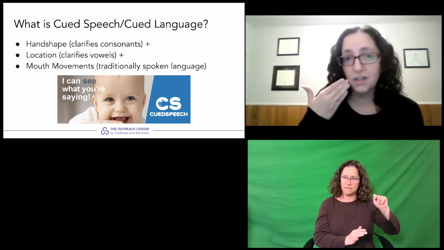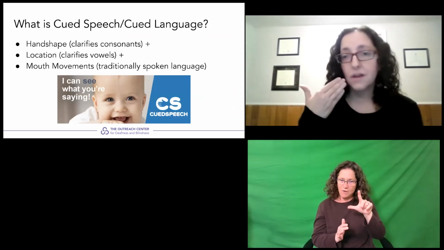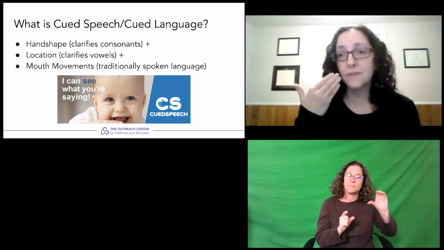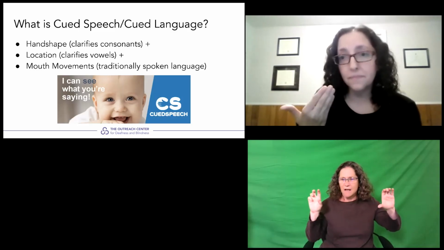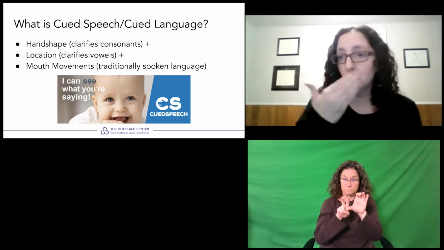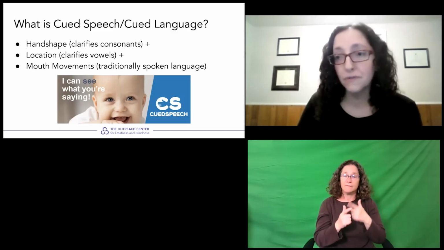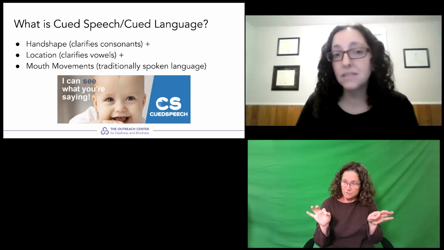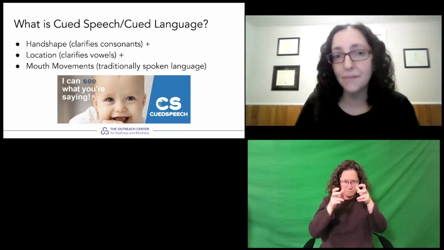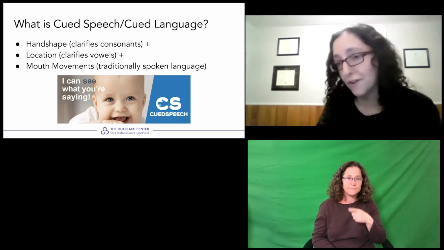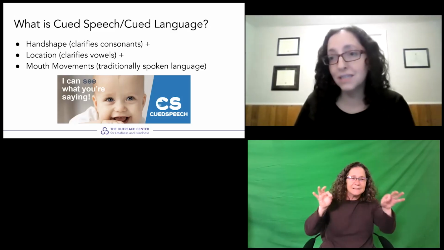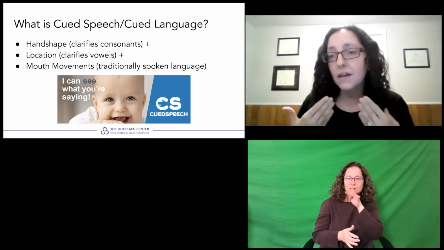The location clarifies the vowel sounds. Together, when you put a consonant together with the vowel, it makes a syllable. And then you, with your natural mouth movements of a traditionally spoken language, a child can see what you're saying. And I have here an image of a cueing infant, and the image says, I can see what you're saying. So the cueing system makes everything you say visible.